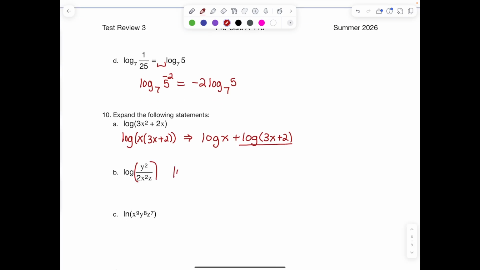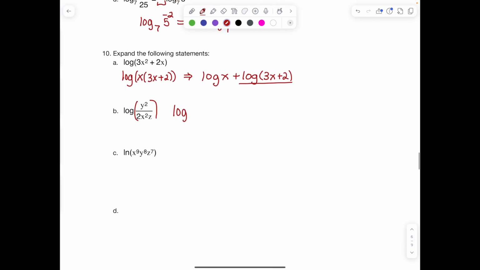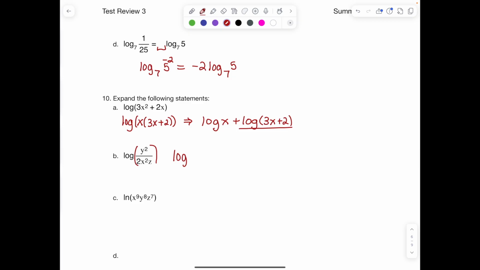Okay, so I have log of y squared over 2x squared z. So this is going to be log of y squared minus log of 2x squared z.